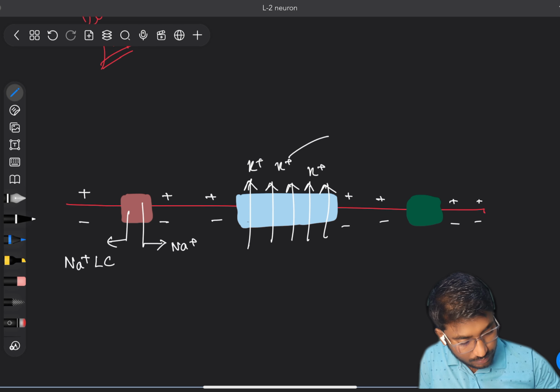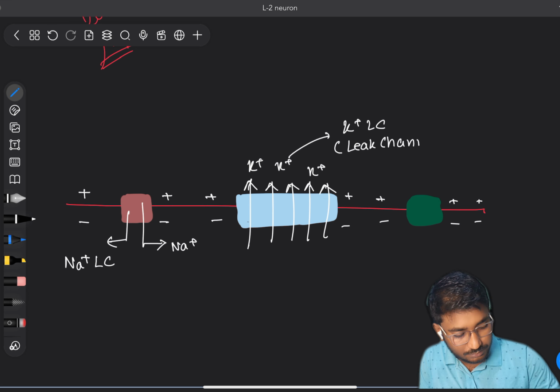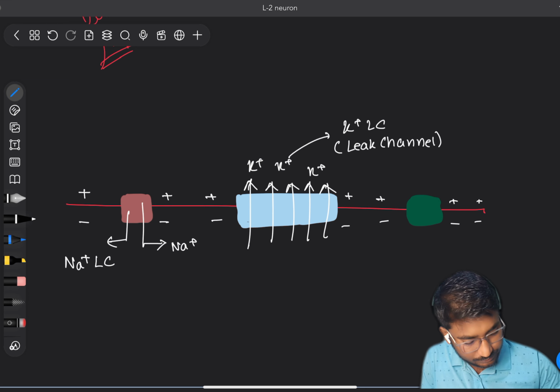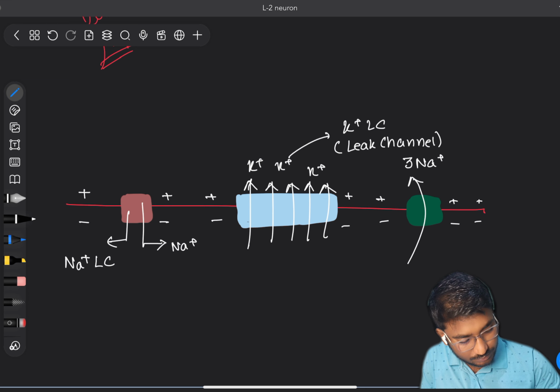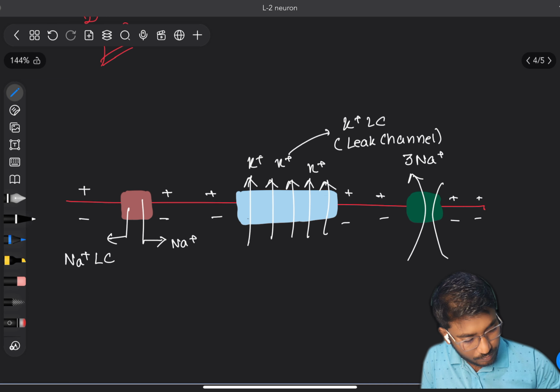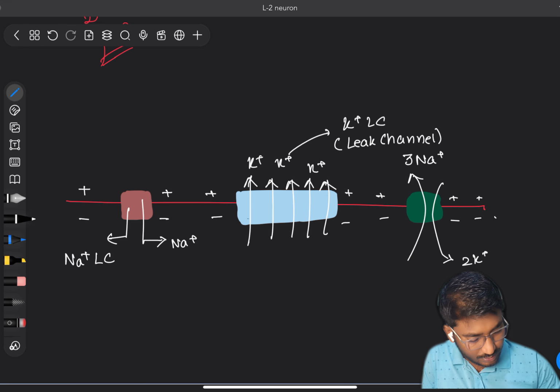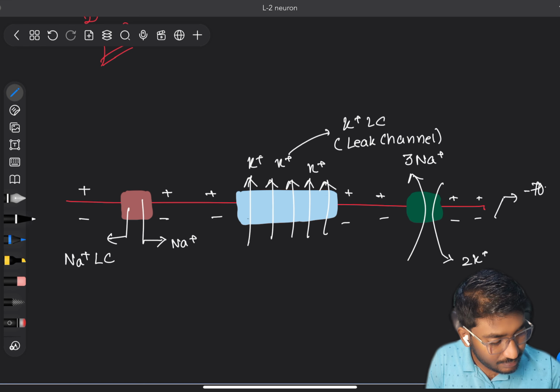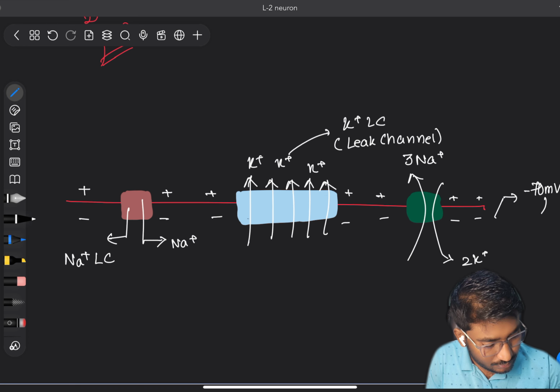Now this is called the potassium leak channel. LC is for leak channel. So here 3 sodium go out while 2 potassium come in. Okay, so the resting potential is minus 70 millivolt.